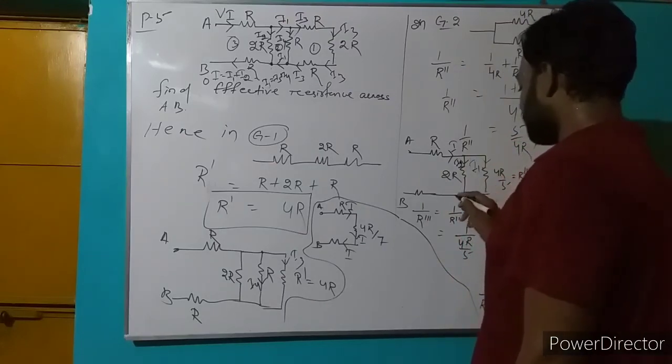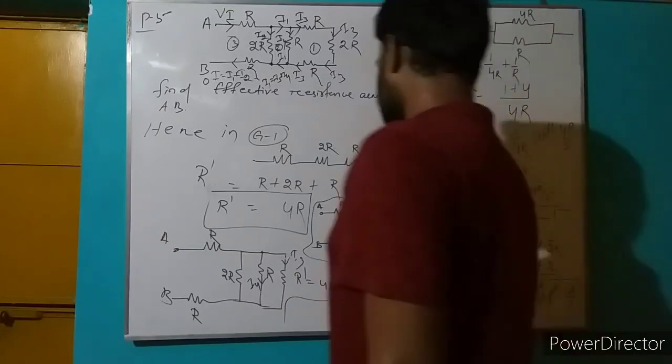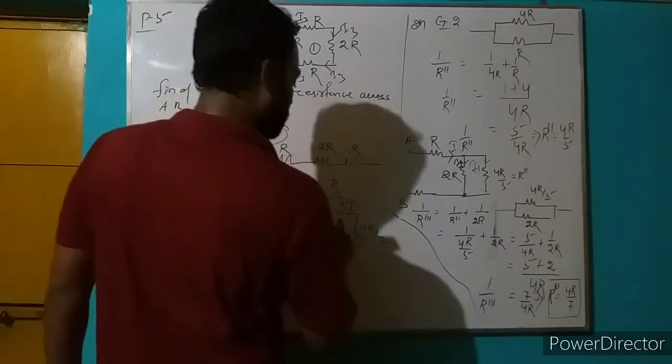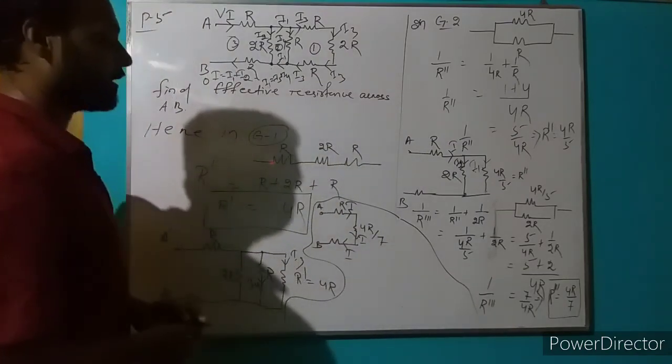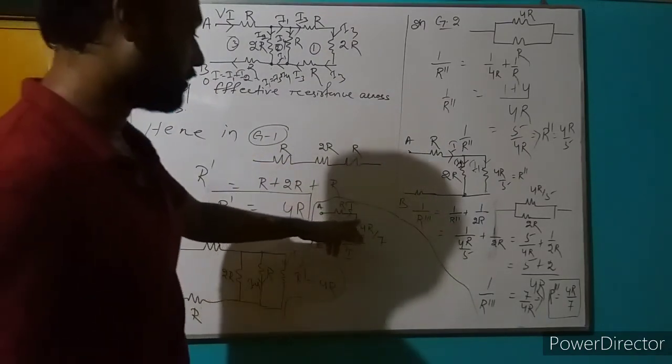At that junction there is the current I. They are connected in series, because the current remains the same.